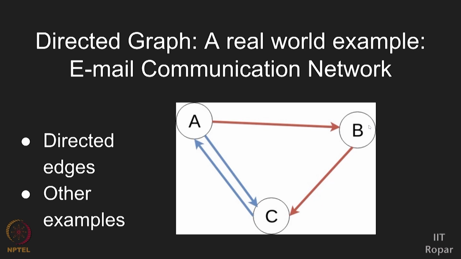This could be used in, for example, matrimonial sites. You can analyze matrimonial sites and suggest better recommendations. There are a lot of applications which can be easily solved if you model the data as a graph, especially as a directed graph. This is an example of social networks.